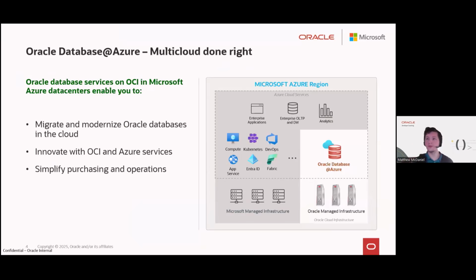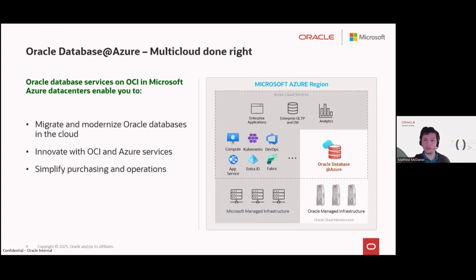Oracle Database at Azure is us bringing the Oracle database to Azure. What this enables you to do is to use Azure Cloud Native Services, things such as Azure's Compute, Azure's Kubernetes Service, AKS, their DevOps service, amongst many others, to integrate with Oracle Database on Azure.